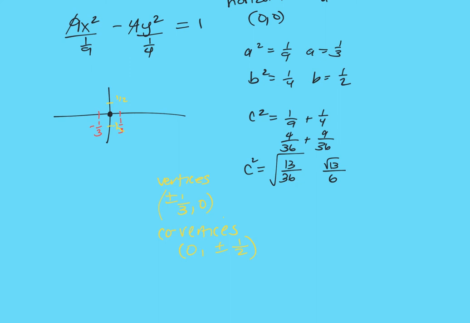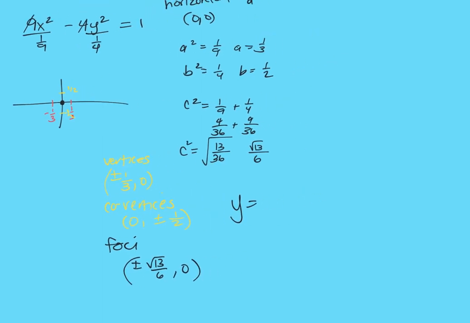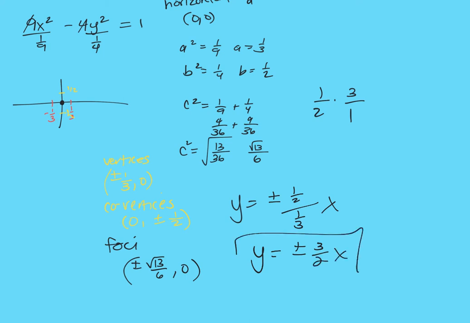And then my foci would fall along the x-axis, plus and minus root 13 over 6. And then y equals, the k is 0, so it's just plus and minus b over a. So 1/2 over 1/3 x. Keep, change, flip. And I get y equals plus and minus 3/2 x for my asymptotes.